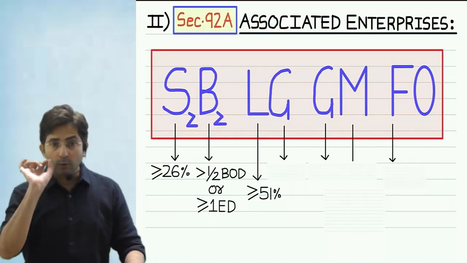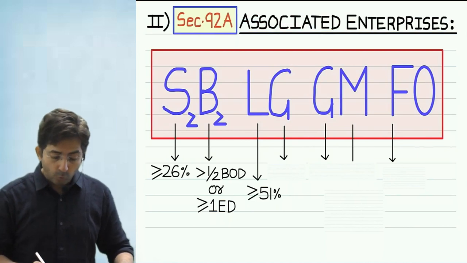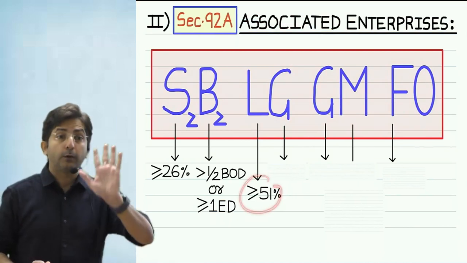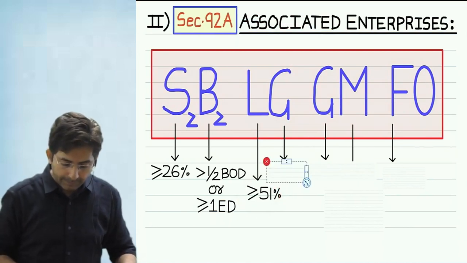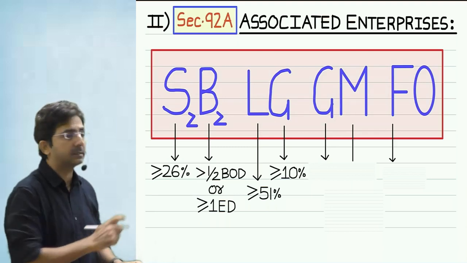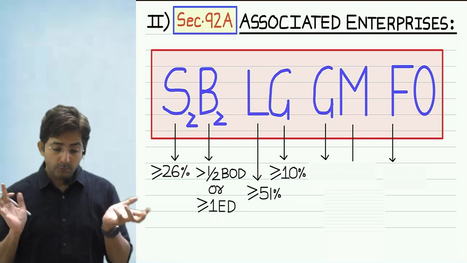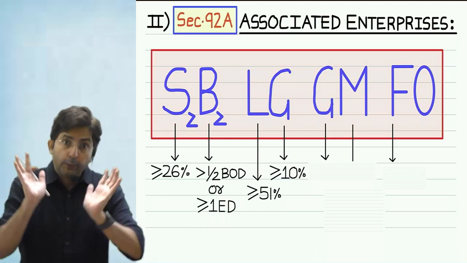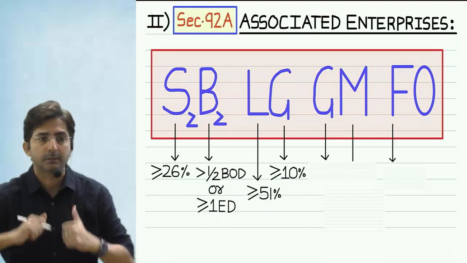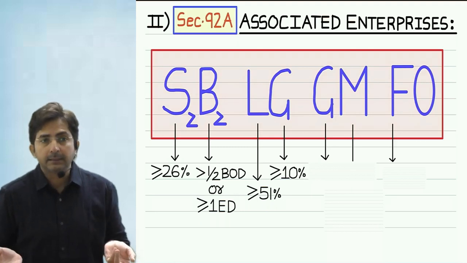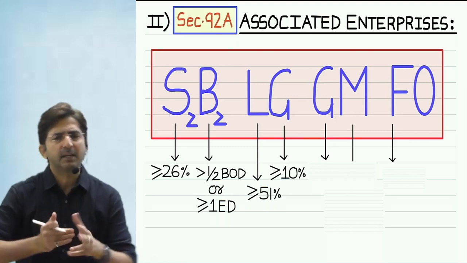Now see, one doubt you should get, that in loan there was 51%, but in guarantee it is just 10%. Did you notice? Some students get a doubt in this. Sir, why in case of loan it was 51% for it to be an association, but in case of guarantee, even if it is 10%, it becomes an association.